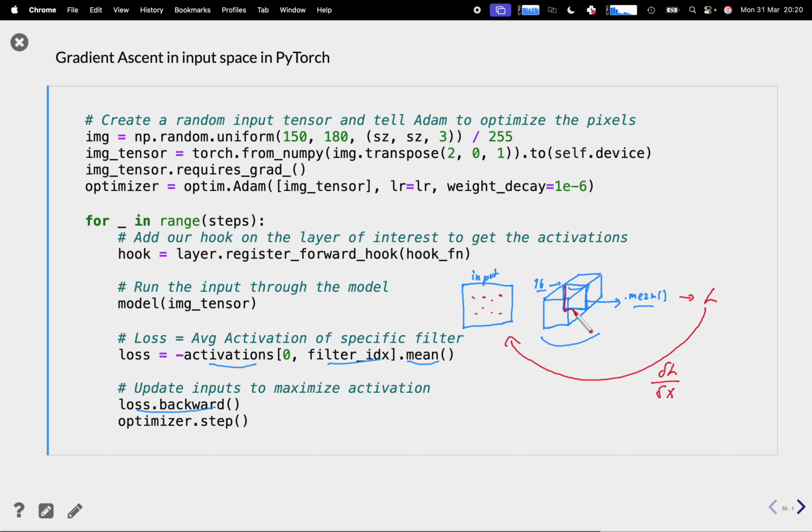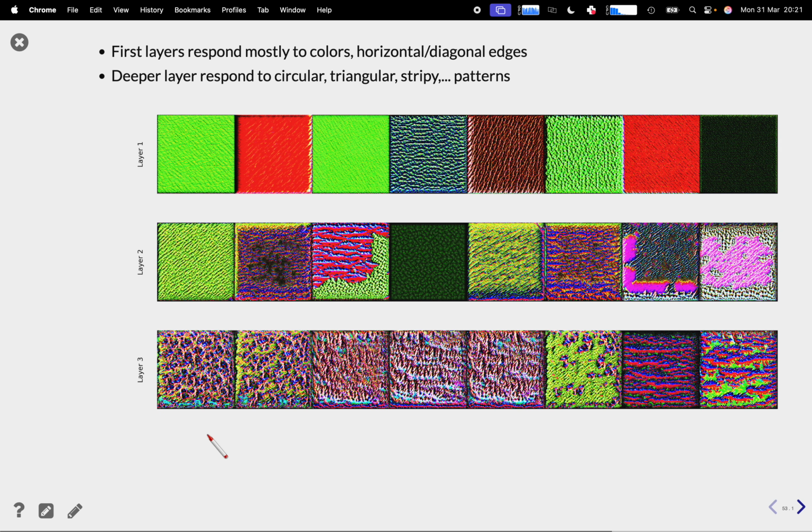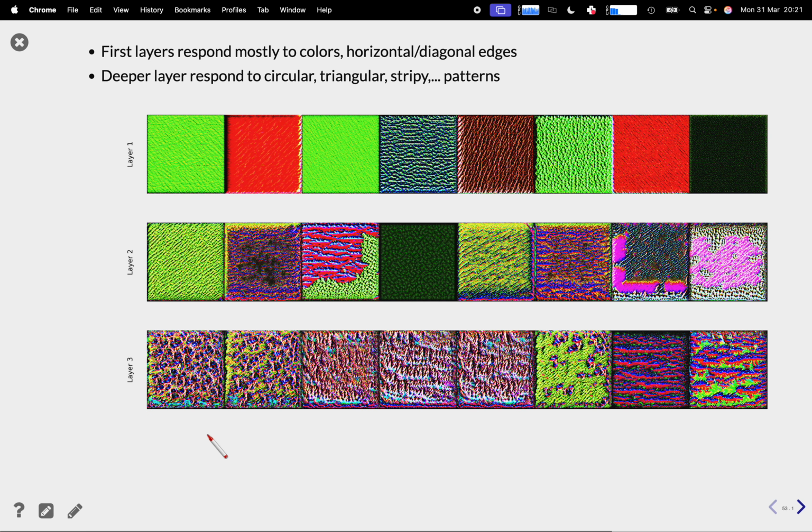So this guy becomes hotter, has higher values than before, right? And then we'll do that for a number of steps, and then we can see what the input image is like. Okay, so now we can see what it actually looks like. So if this was for our 4 convolutional layer network.